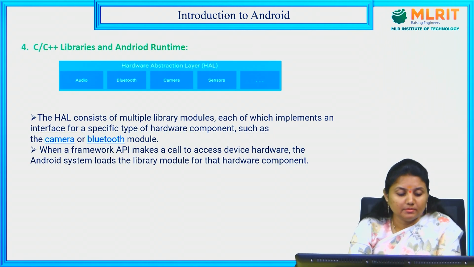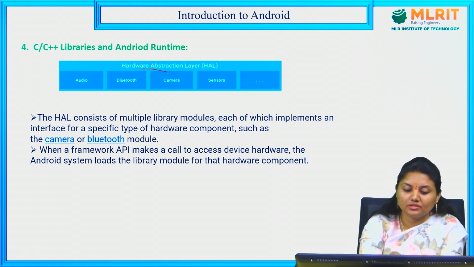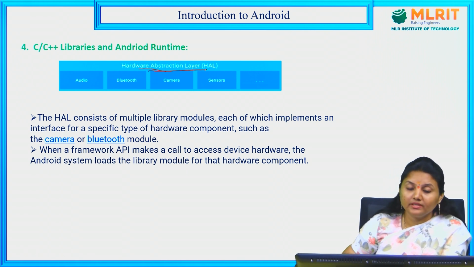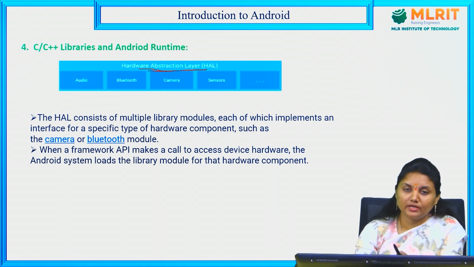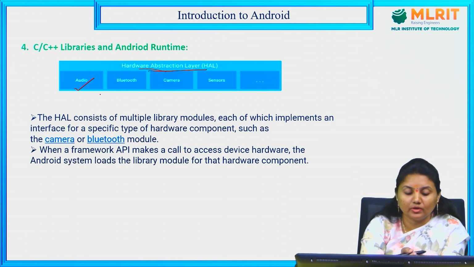So, C++ libraries and the Android runtime. Here you have a hardware abstraction layer, where it supports all the different hardware that is required. Like audio, you need audio drivers to listen to MP3 or MP4. Then Bluetooth for listening or file sharing over short distances where you connect Bluetooth devices.